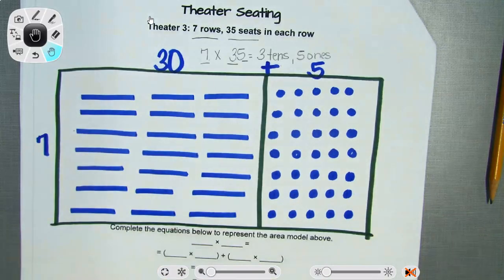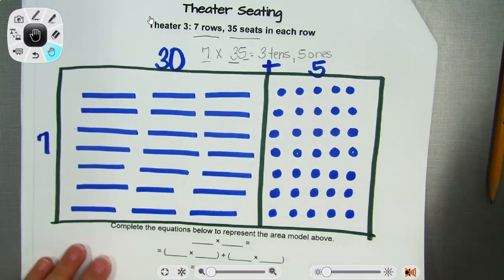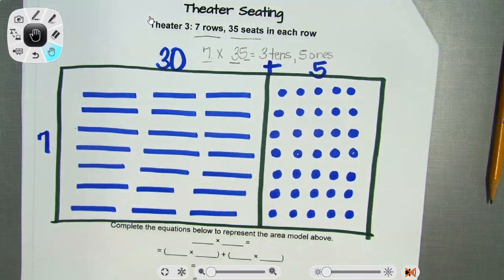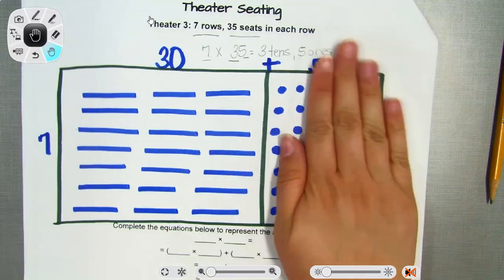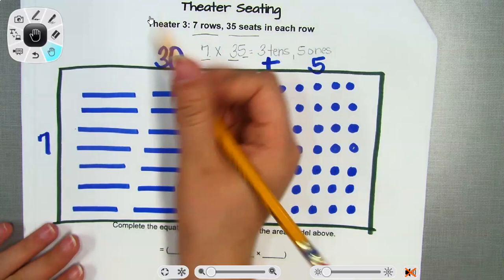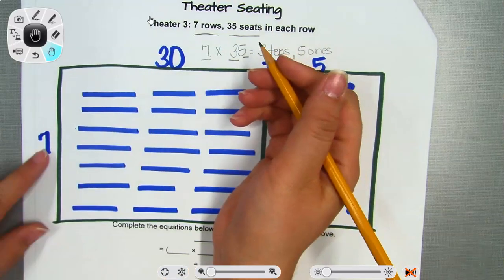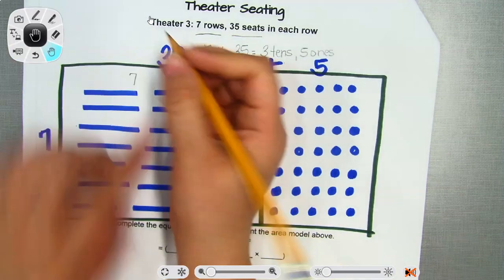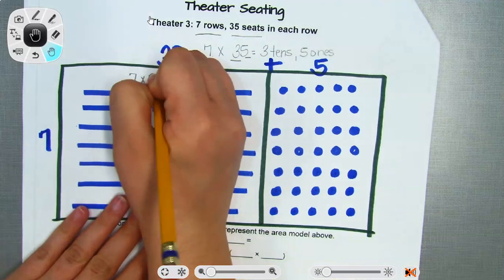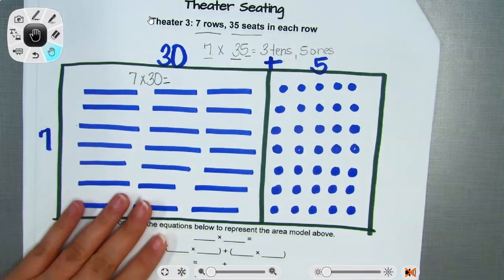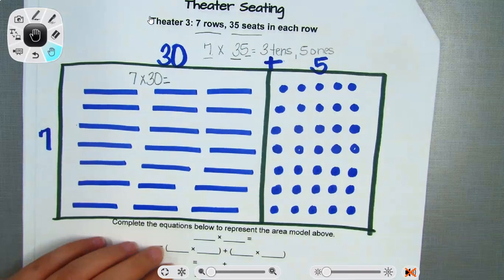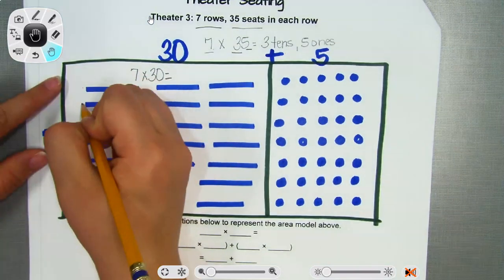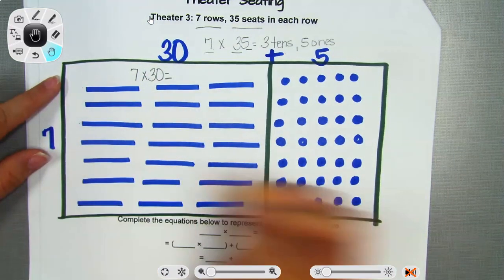Okay. So now what we're going to do is we are going to figure out what we have. We're going to multiply our 10s and then multiply our 1s. So this means that I have 7 rows of 30. So over here, I'm going to write 7 times 30. And that means that I have 30, 30, 30, 30, 30, 30, 30.